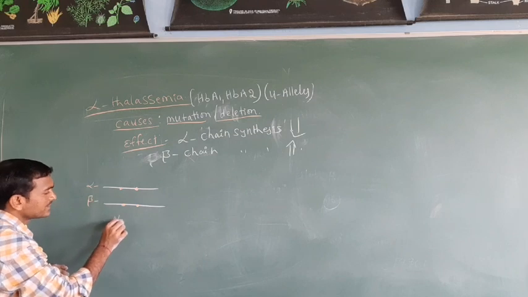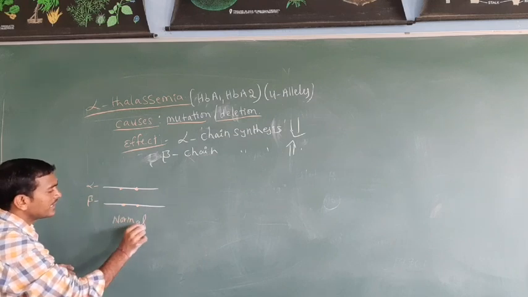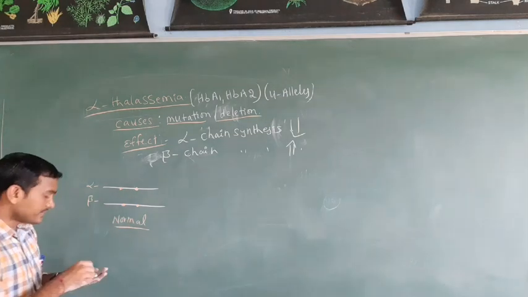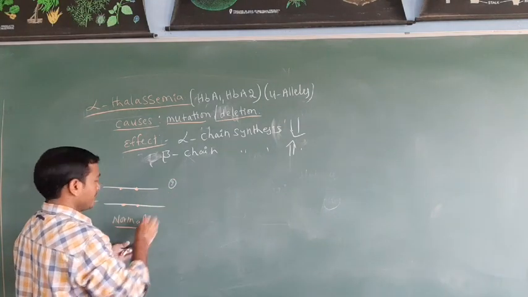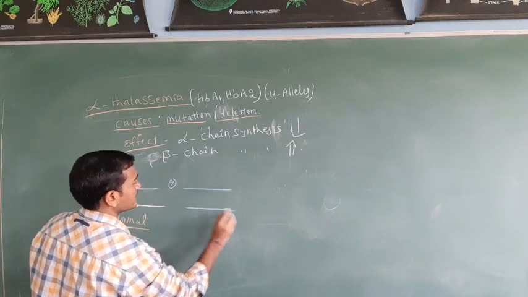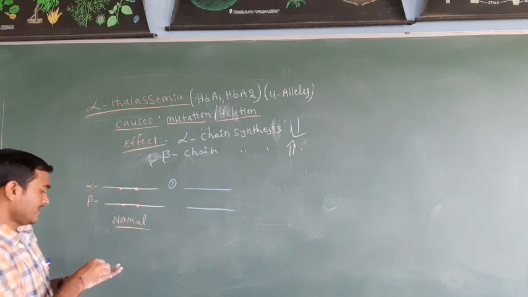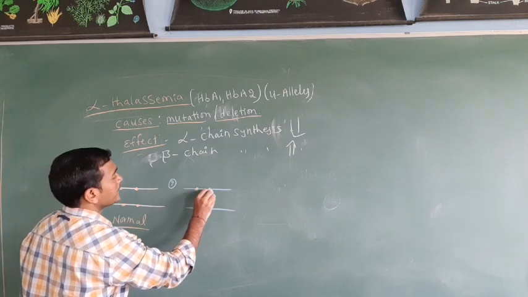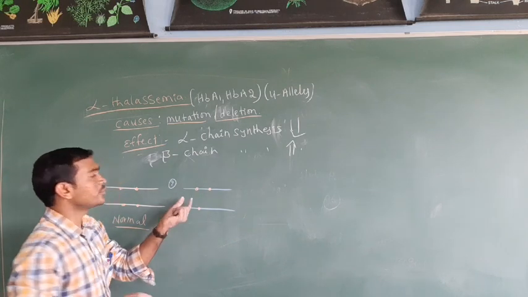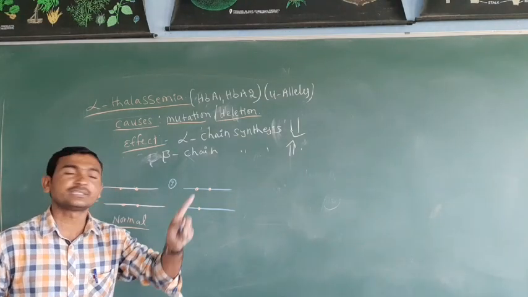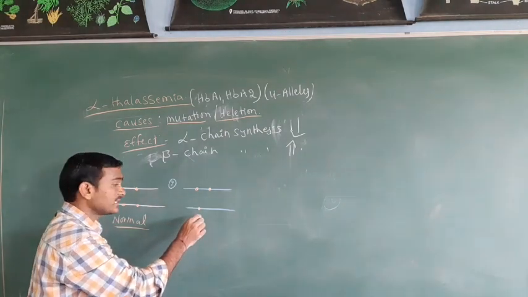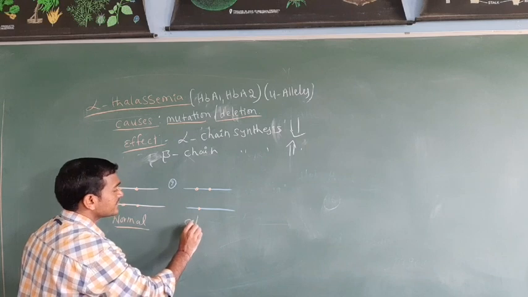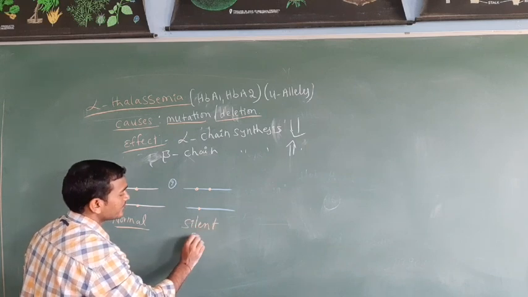If all 4 alleles are present, it is considered normal. In the second type, with two alpha chains and two beta chains, one allele is deleted by mutation, so only 3 alleles are there. That is called the silent carrier.